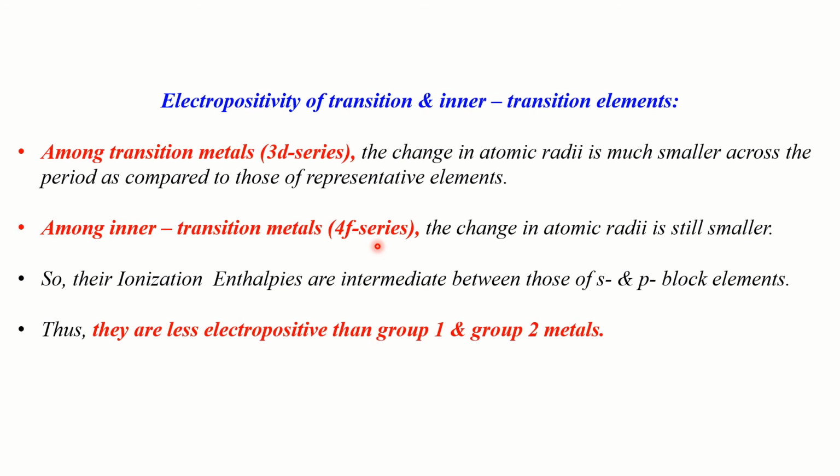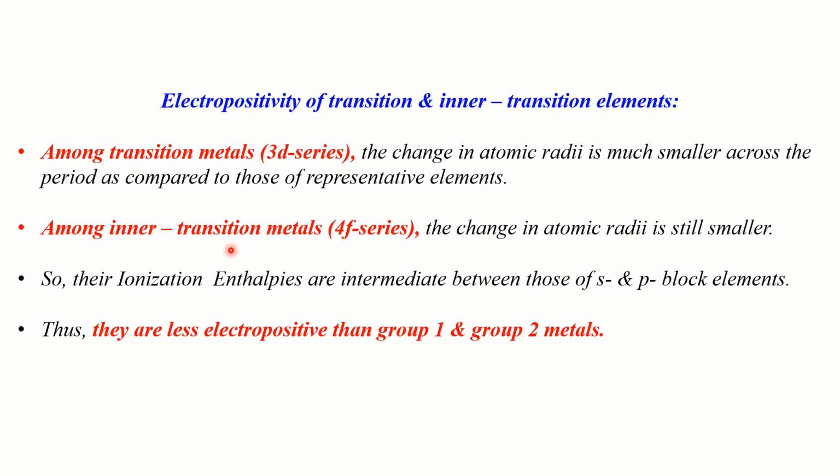That is because the last electron does not enter into the outermost shell of these elements. The last electron does not enter into the outermost shell of transition metals and lanthanoids. But in transition metals, it enters into the penultimate shell, and in lanthanoids, it enters into the antepenultimate shell. Therefore, their trend in atomic radii is a little bit different.